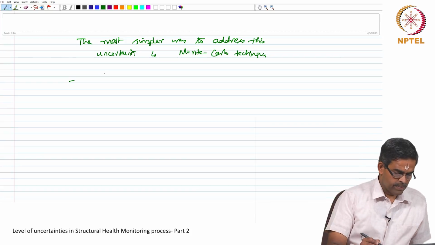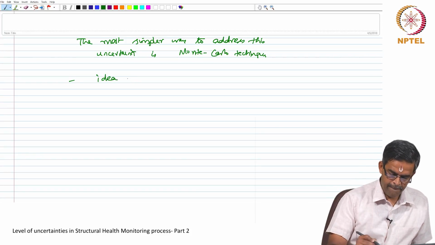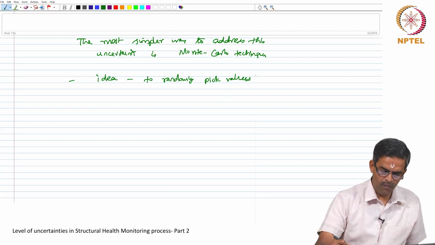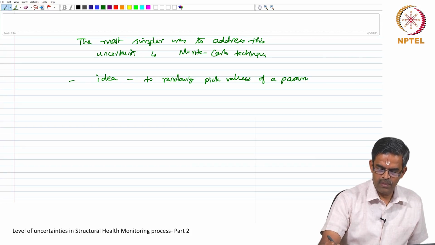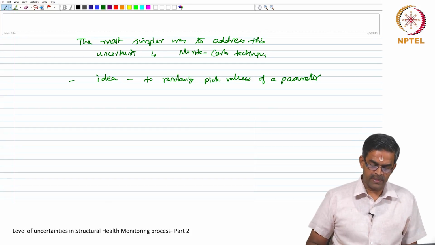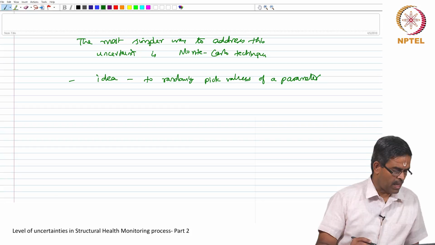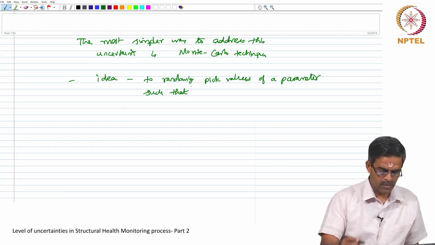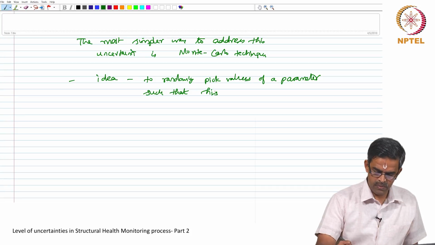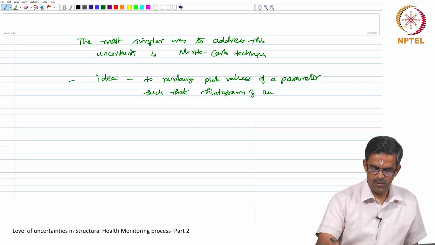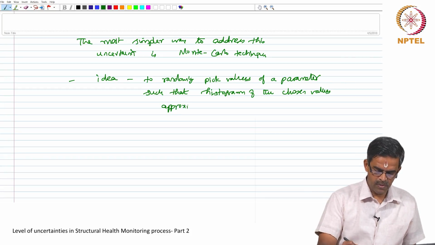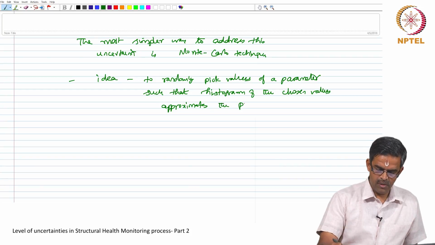A small word about this technique: it is actually an idea to randomly pick values of a parameter such that the histogram of the chosen values approximates the probability density function.